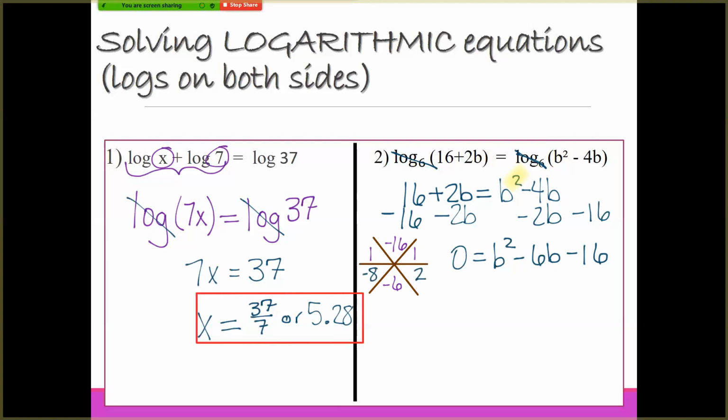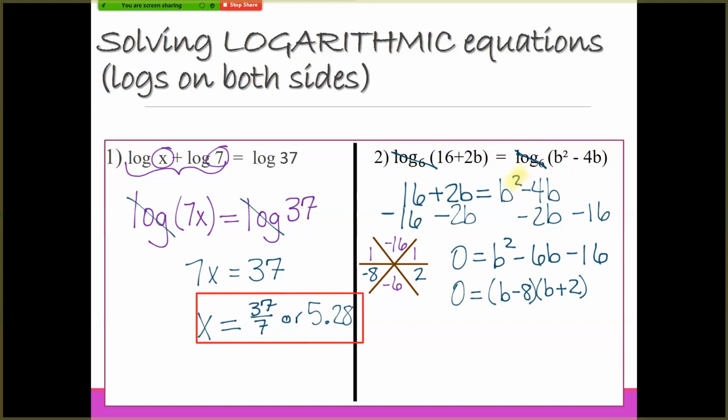Those 2 numbers will be negative 8 and positive 2. So they multiply to give me negative 16 and add to give me negative 6. I now have factors of b minus 8 and b plus 2.